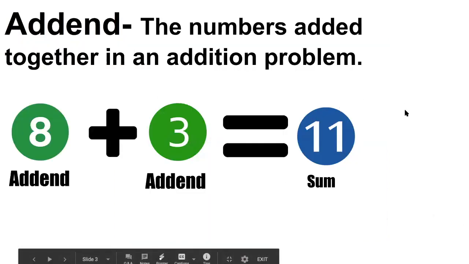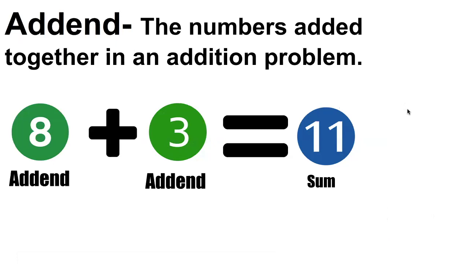A word we're going to use today is addend. It's kind of two words put together, add and end. When you smush them together, you get addend. And an addend is the numbers added together in an addition problem. So in this problem, 8 plus 3 equals 11, 8 and 3 are addends because they are the numbers being added together to get 11.